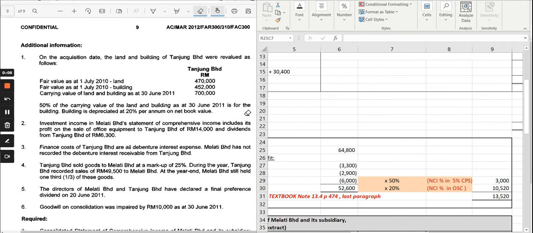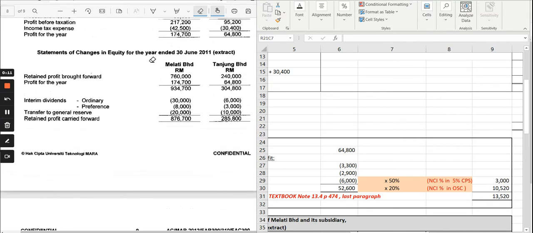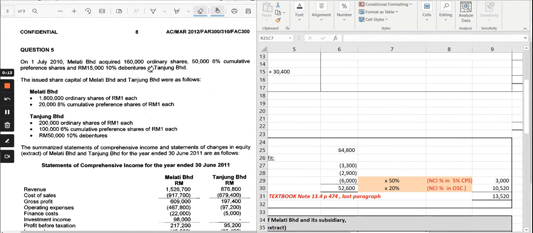Today we are going to proceed with the preparation of a consolidated statement of profit or loss and other comprehensive income. In today's session, we're going to prepare the consolidated statement of profit or loss and other comprehensive income, where the date of acquisition of the subsidiary is at the beginning of the current year.